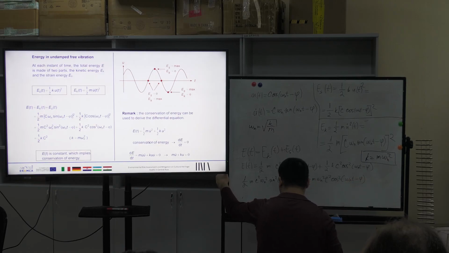So, from trigonometry course, cosine squared alpha plus sine squared alpha is equal to 1.